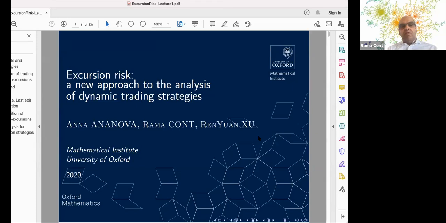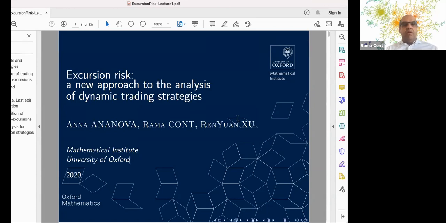What I will try to do in these lectures is first tell you why this is an interesting viewpoint for applications in finance, then link it to the theory of excursions, then give a little overview of the key results of that theory, which will be useful for us, and then use that theory to derive some results for applications to trading strategies in finance. So that's the overview of these lectures.